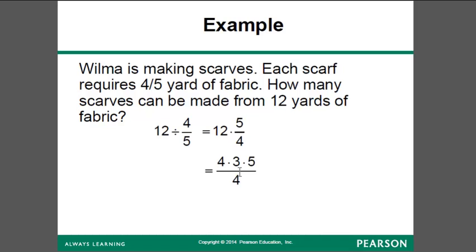I've done this so that I can already show you that the 4's will cancel each other out. This leaves me with 3 times 5, or 15. Therefore, Wilma can make 15 scarves out of 12 yards of material if each scarf requires 4/5 of a yard.